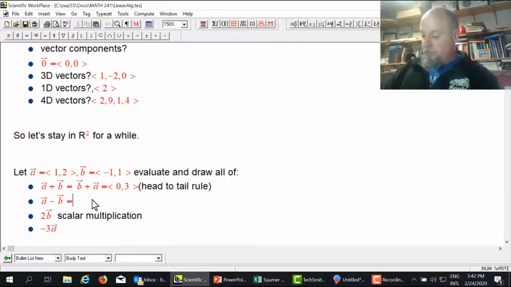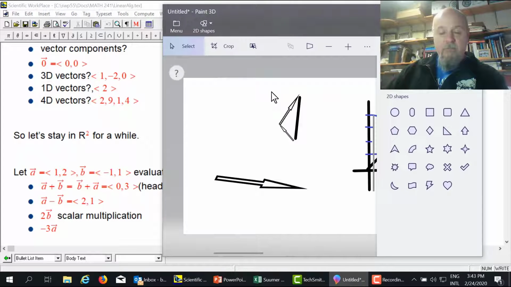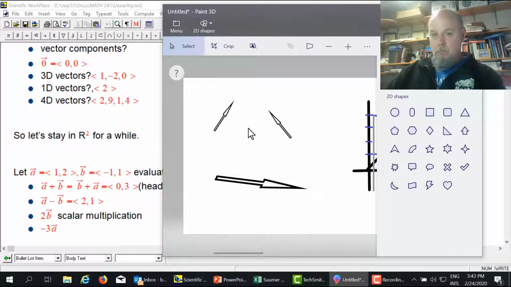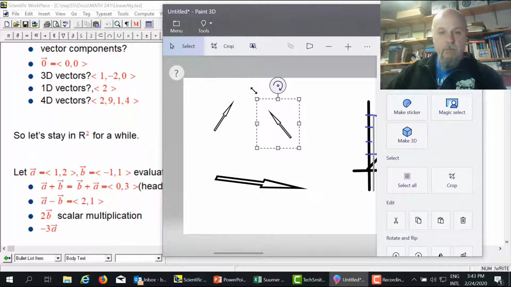So in this case, it would be A minus B, so 1, 2 minus minus 1, 1. And now it matters what order. So drawing them graphically, I would take, I gotta make that smaller again.